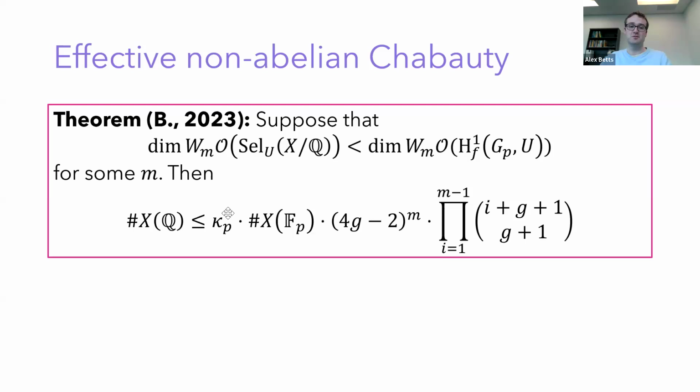If you have this, then you obtain an upper bound on the number of rational points in terms of this constant kappa_p, the number of F_p points on X, and some function which depends just on g and the weight m.